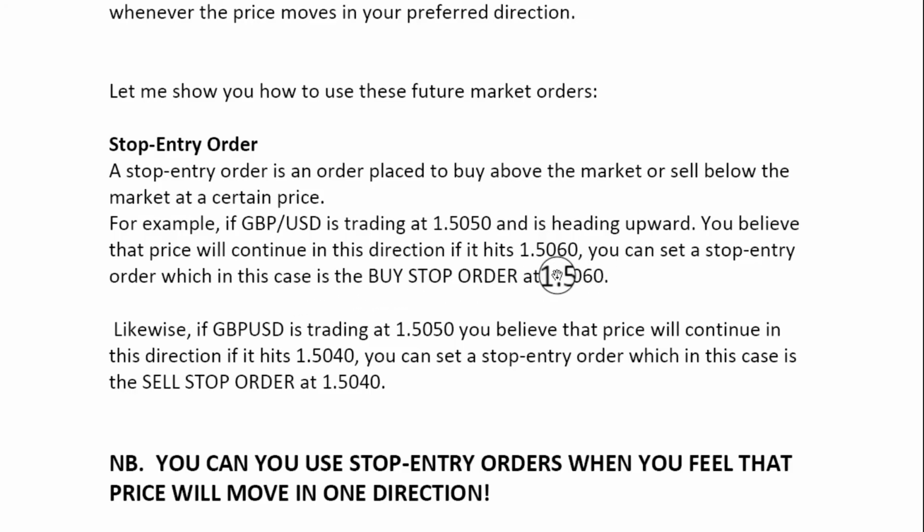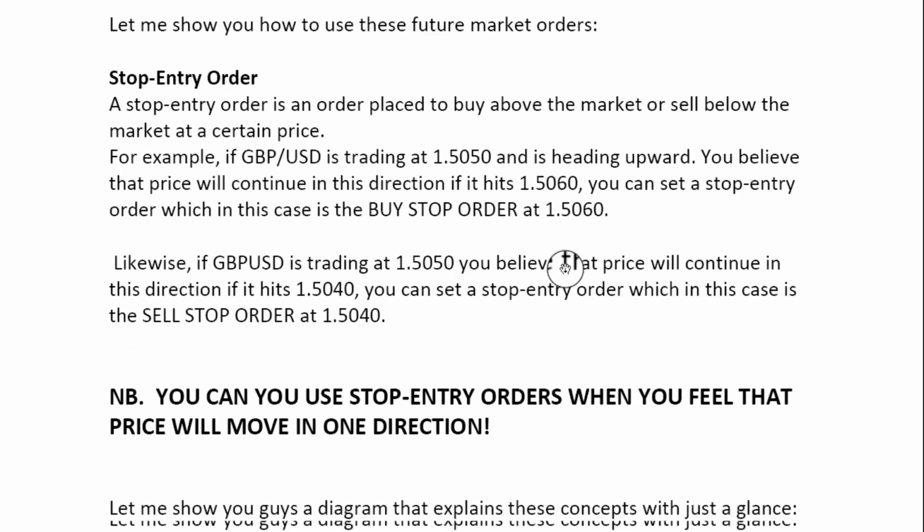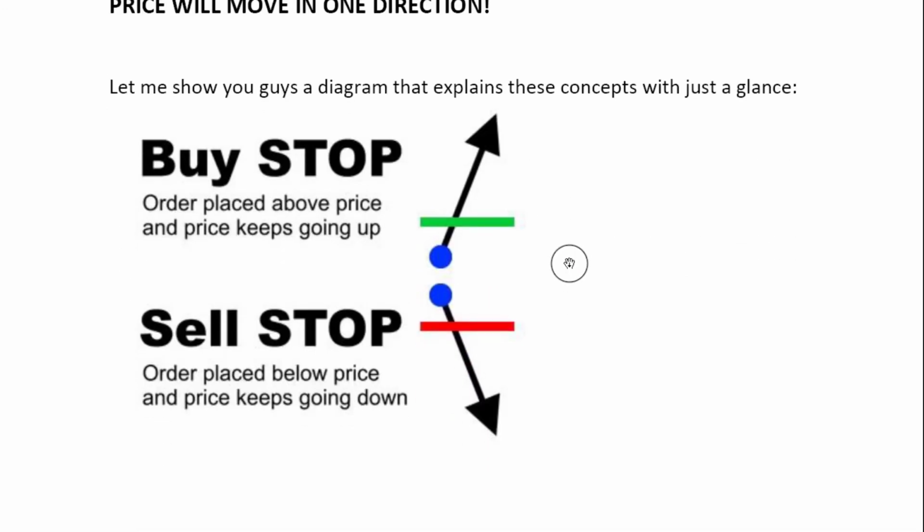You believe that price is going to reach 1.5060, and once price gets to 1.5060, you want the broker to execute your buy. Then you put a buy stop, just like I explained. If you are selling, then you should put a sell stop.